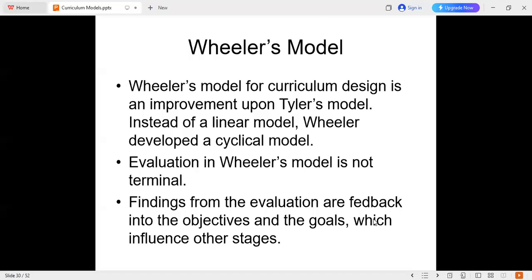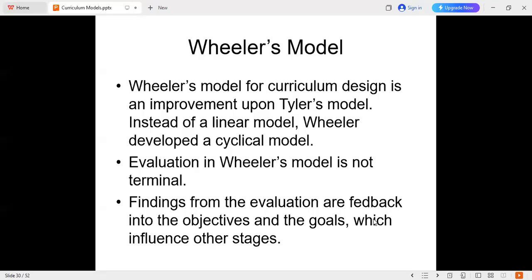Okay, now the third curriculum model. Wheeler's model for curriculum design is an improvement upon Taylor's model. We should not forget that most curriculum creators started with Taylor's; anyhow, they have used Taylor's model. Instead of a linear model, we develop a cyclical model.